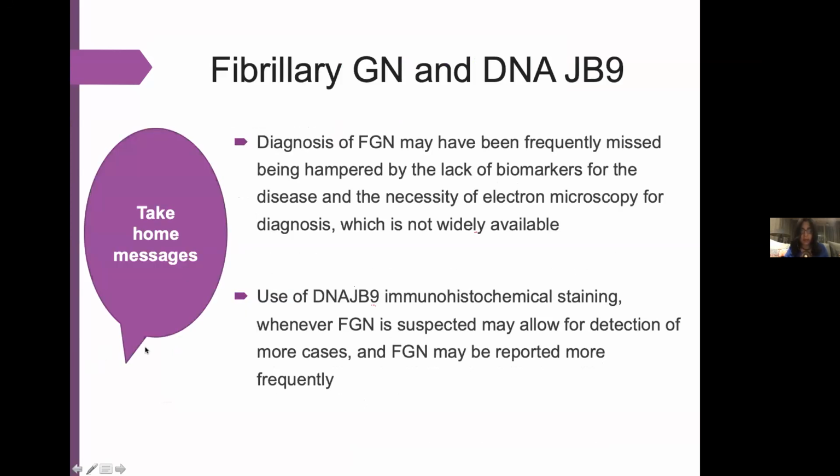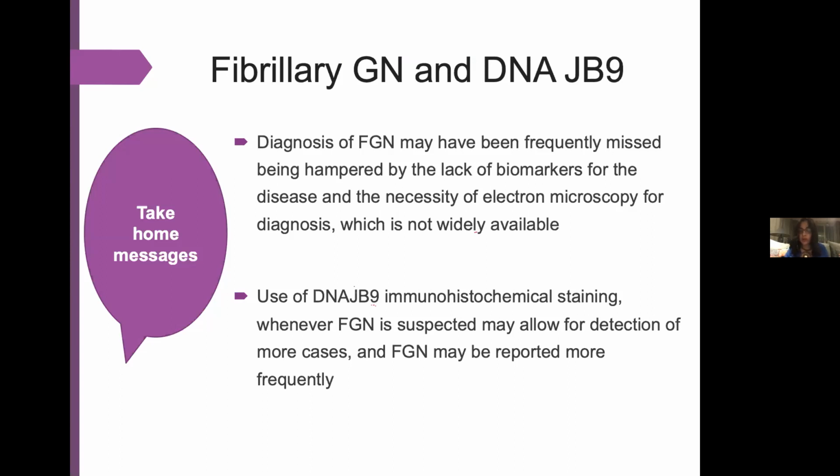So to sum up, now that we have DNAJB9, the diagnosis of fibrillary GN might increase because we probably have been frequently missing cases, hampered by the lack of biomarkers and the necessity of electron microscopy for diagnosis, which we know is not widely available. So the use of these markers whenever fibrillary is suspected may allow for detection of more cases.